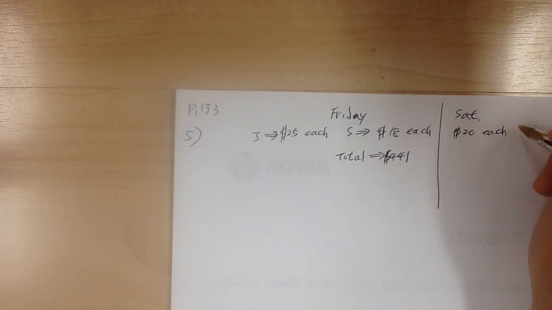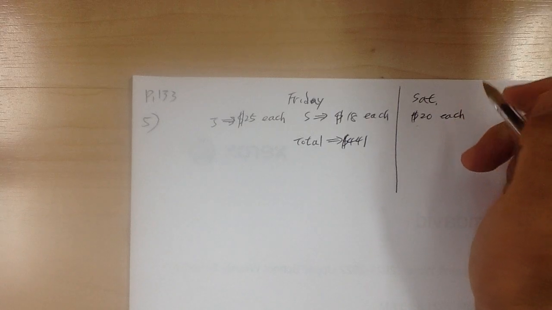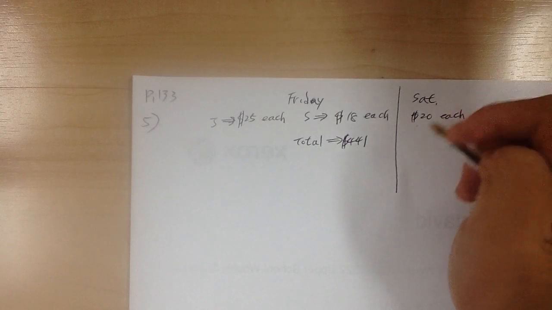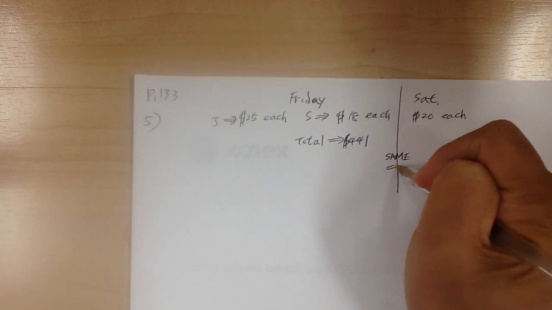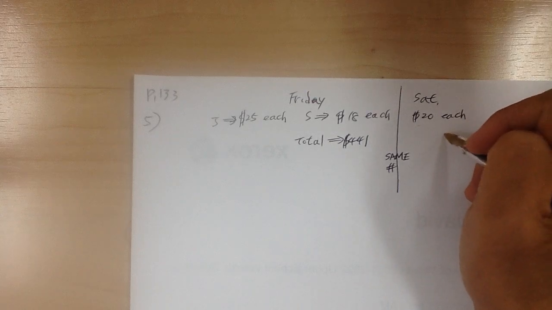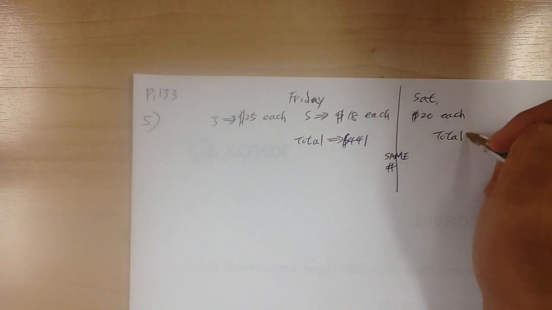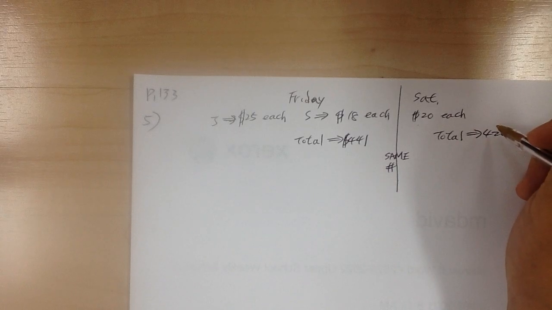So this is for shirt and jeans. And so exactly same number of each item. Okay, so same number, okay? And receipt and the total equal to $420. How many pairs of jeans and how many shirts are sold on each day?